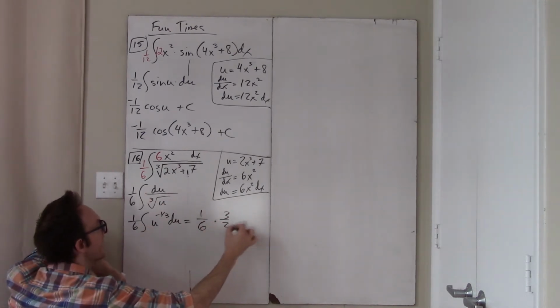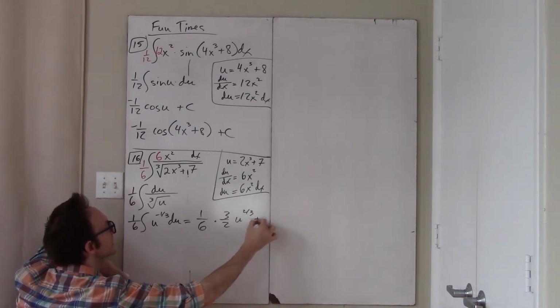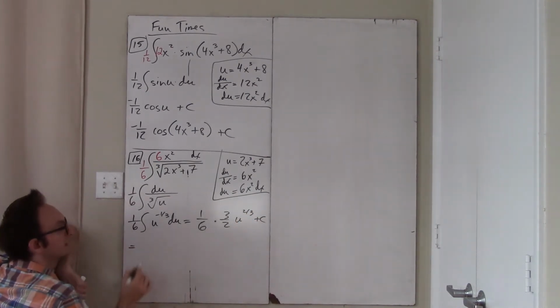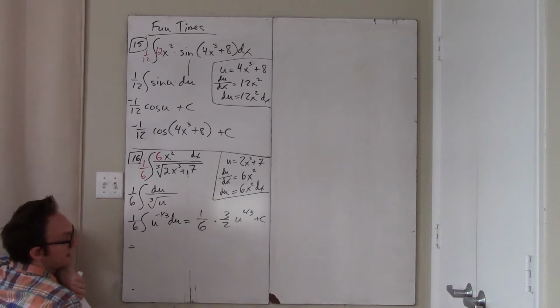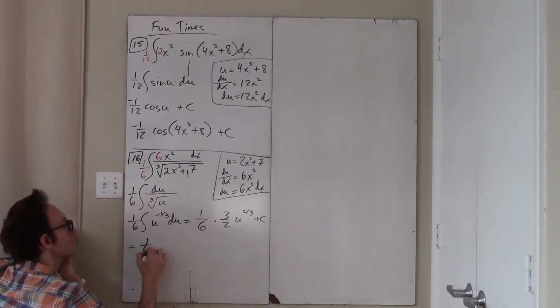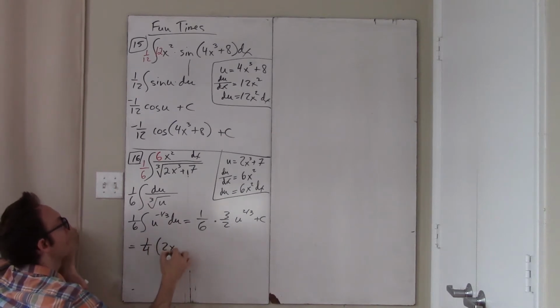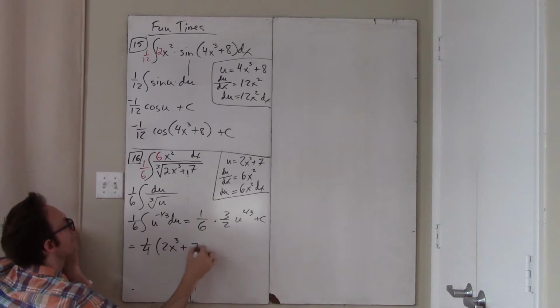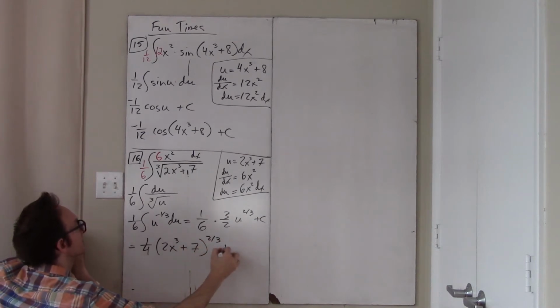So this is 3/2 u to the 2/3 plus c. And thus we get 1/4 times 2x cubed plus 7 to the 2/3 plus c.